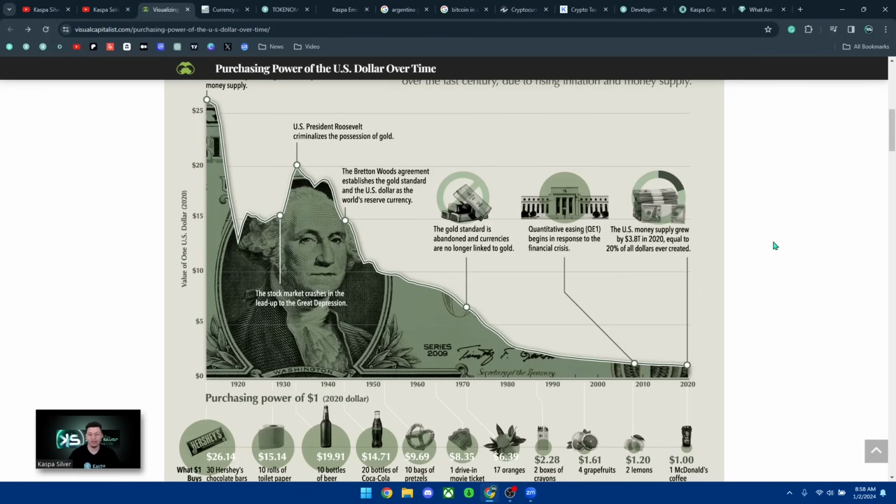And then after that, it depends on the technology to actually encourage users to use the network instead of just hoard it. Bitcoin is more encouraged to just hoard, and Kaspa is building the best base layer so that people can actually use it. So the adoption for using Kaspa as a currency is coming.